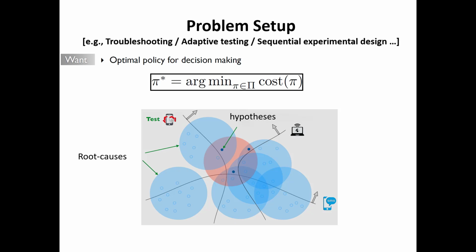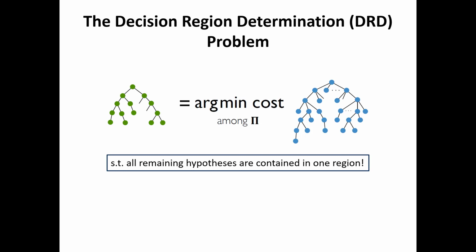Then the goal is to compute an optimal policy for decision making for which the cost is minimal. This problem is sometimes called decision region determination, and as I explained, the goal is to compute an optimal policy which leads to a minimal cost in average or expectation, under the constraint that all the remaining hypotheses are included in only one single region.